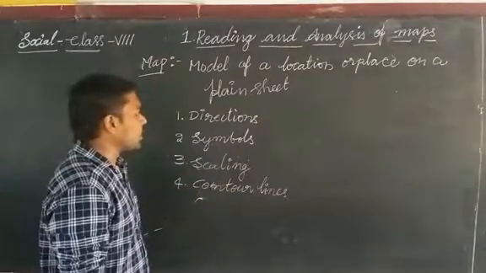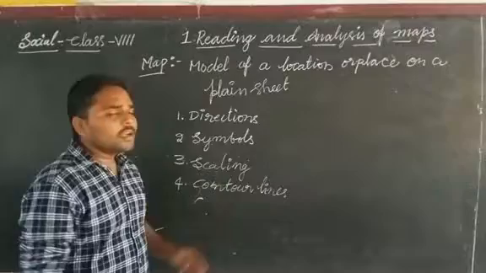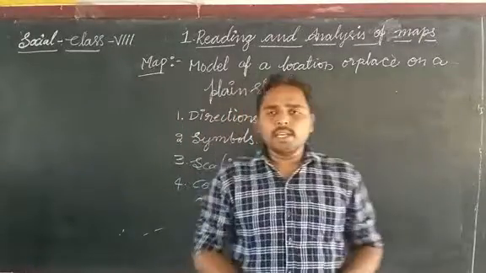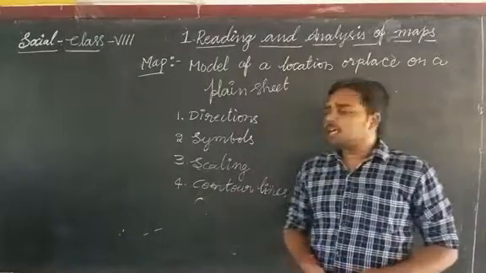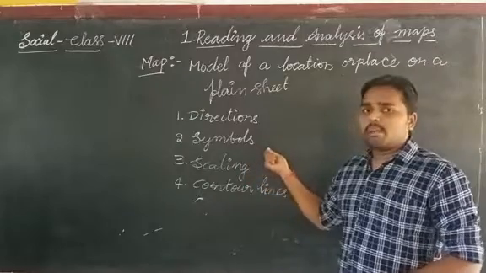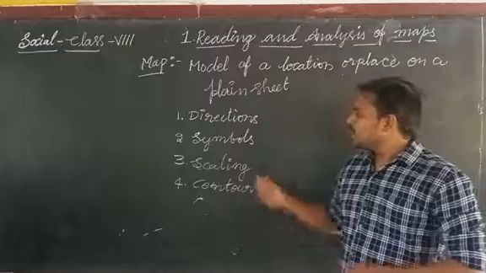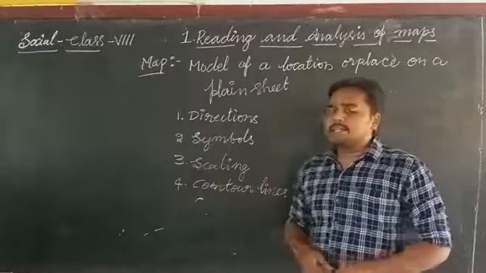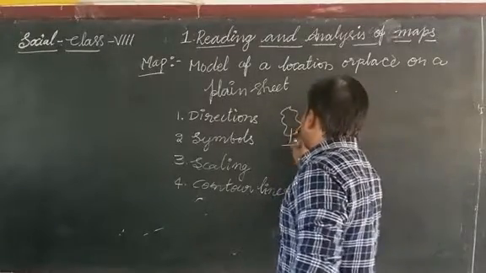The symbols which we are using commonly in all maps are called conventional symbols. We have so many types of symbols, like the tree symbol, trees, settlements.